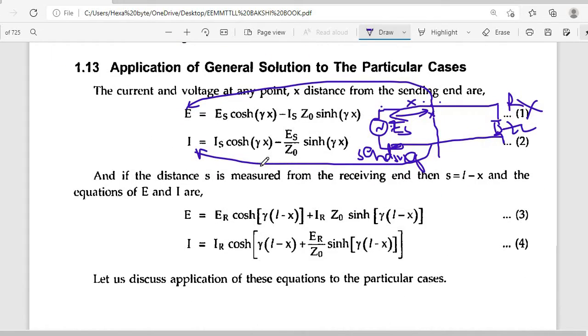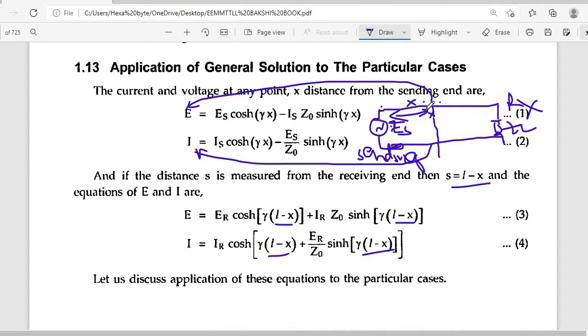Already we saw this particular solution. If the distance is measured from the receiving end, S is equal to L minus x, and the equations are modified by substituting L minus x.